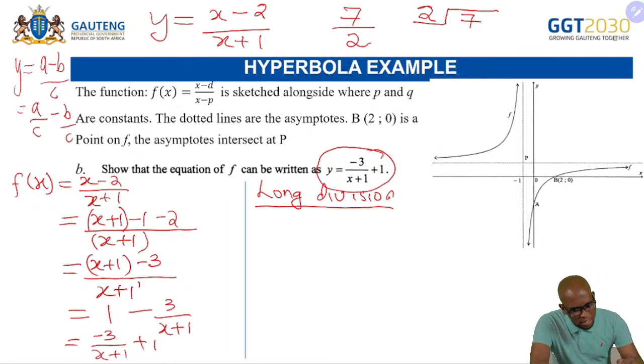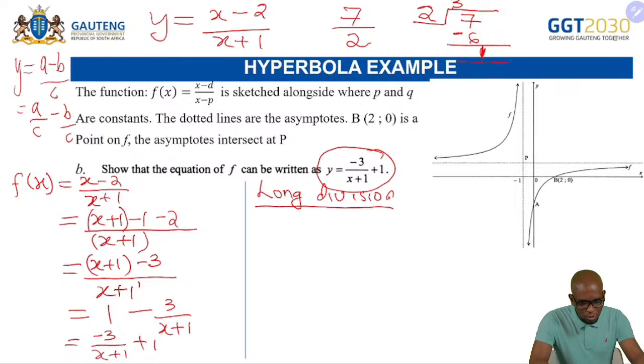Ask yourself, how many times does 2 go into 7? It goes into 7 3 times. You write that at the top as the quotient. Then you multiply your quotient with your divisor. Here you get 6. When you subtract, you're going to get 1.